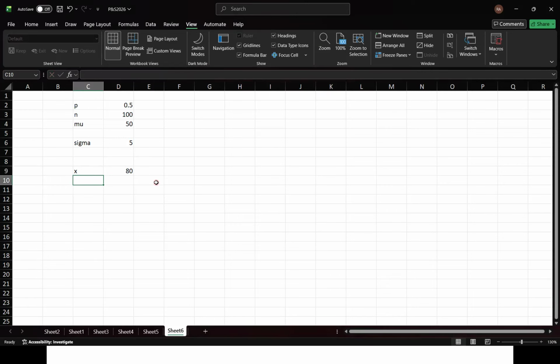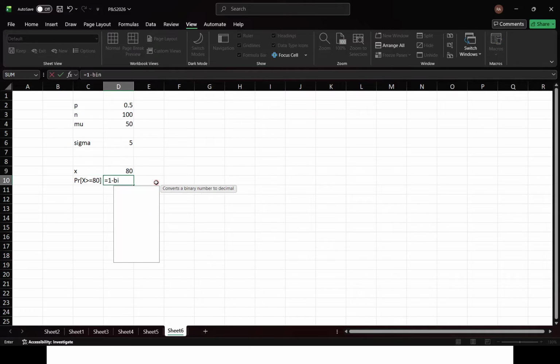I'm looking for the probability of x such that x is greater than or equal to 80. So it is equal to 1 minus the cumulative sum probability.